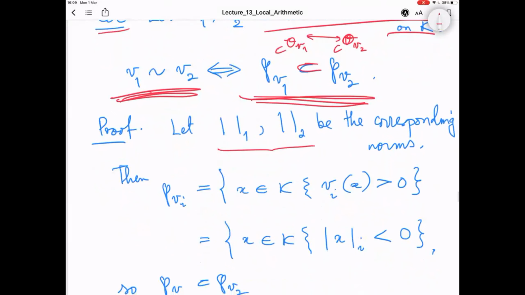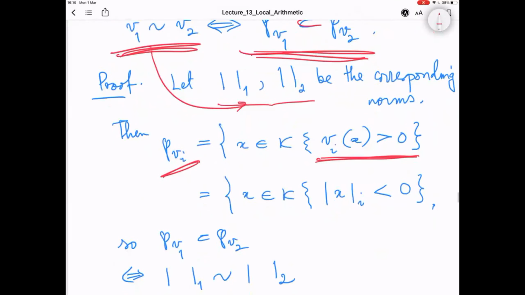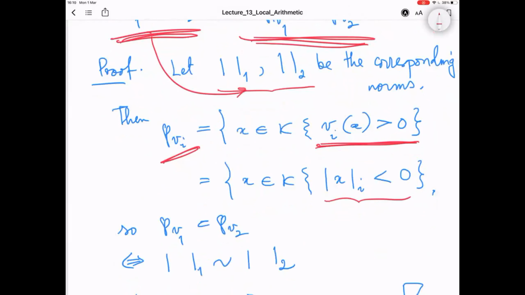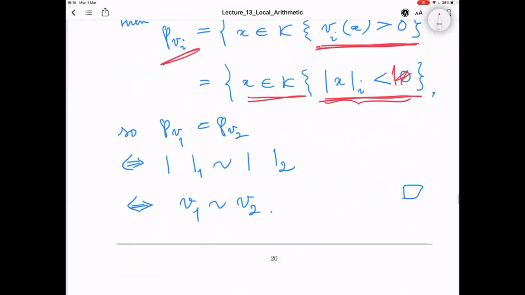So you go from these valuations to these norms, and then the ideals, which consist of elements with strictly positive valuation, translate to elements x in k whose norm is strictly less than 1.